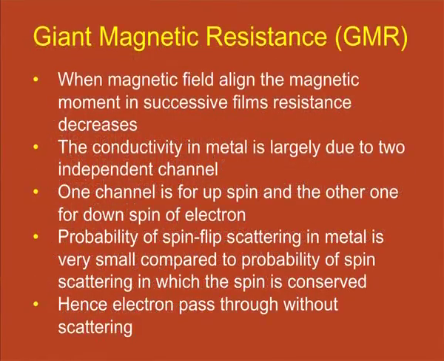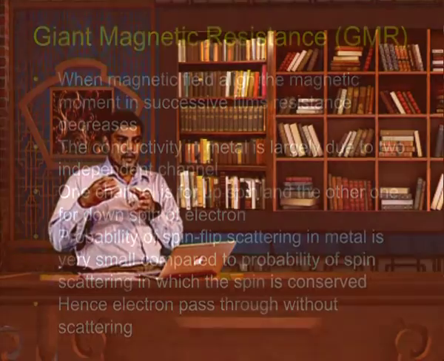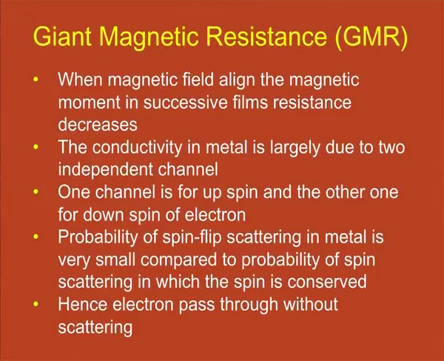Now, when the magnetic field aligns the magnetic moments in successive films, the resistance of the device decreases. For a metal, the resistance is because of the scattering of electrons from different lattice sites. But if we consider the electrical resistance due to the spin of the electron, then the spin of the electrons might be scattered due to a flip of the spin, but otherwise they will not be scattered from the lattice sites.